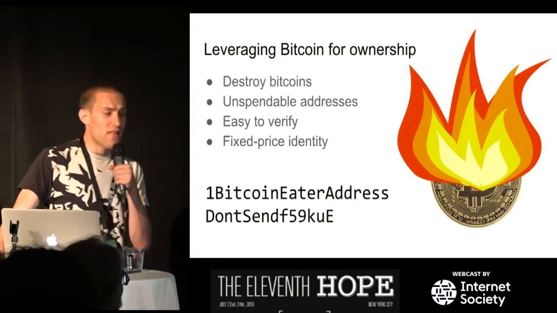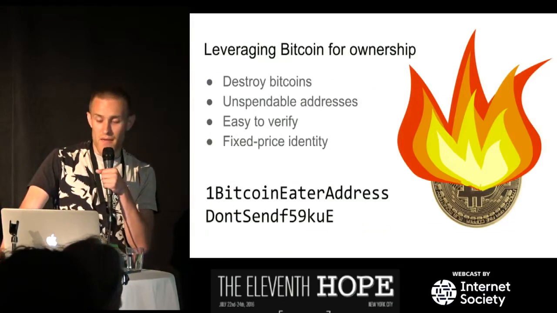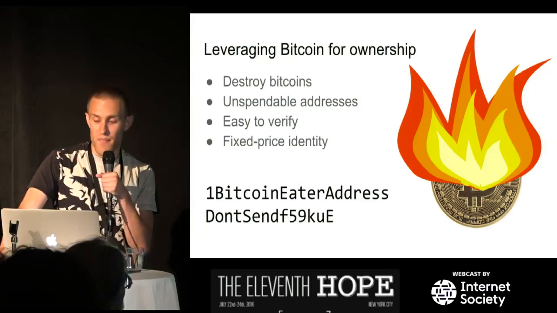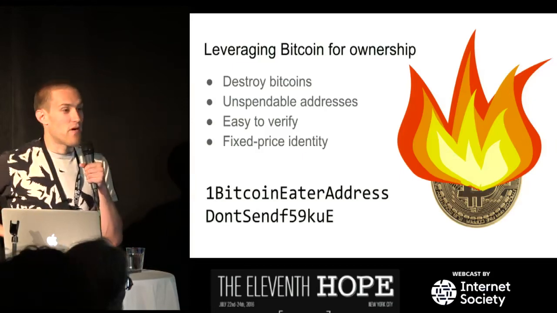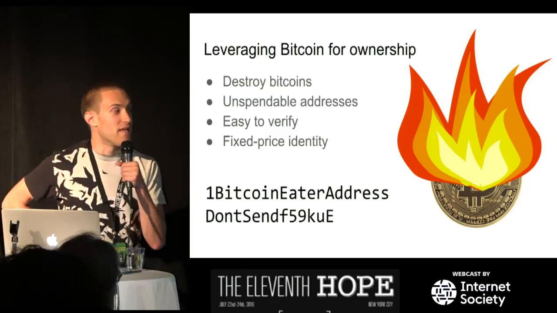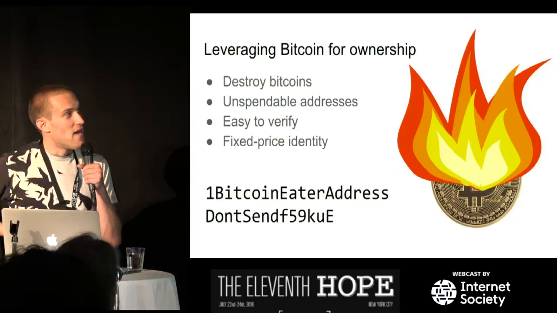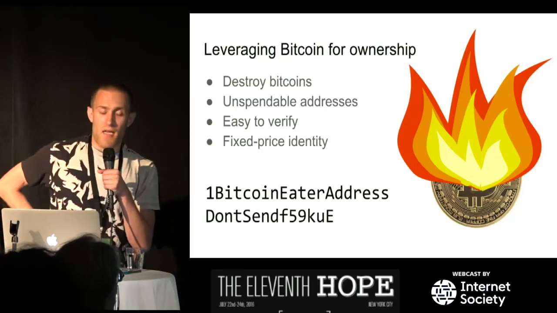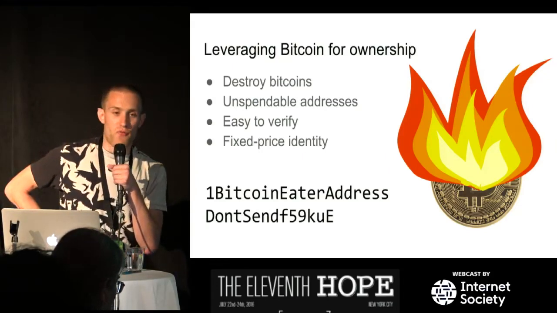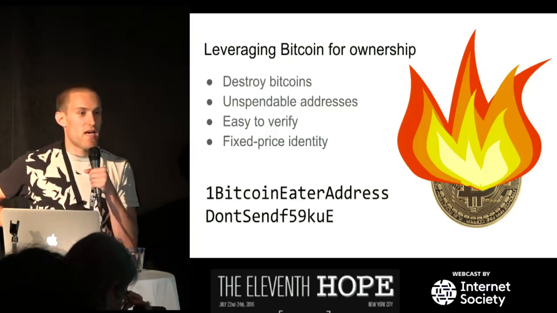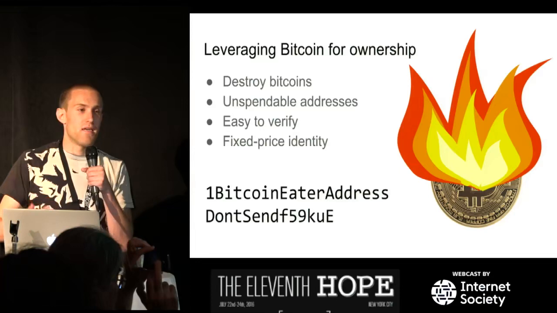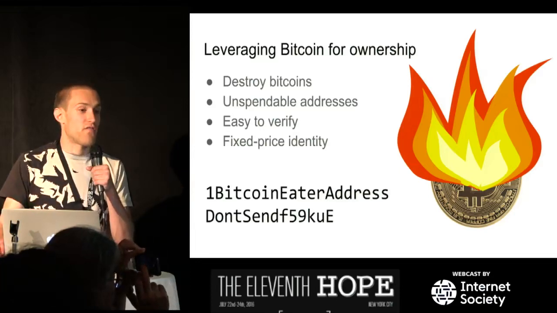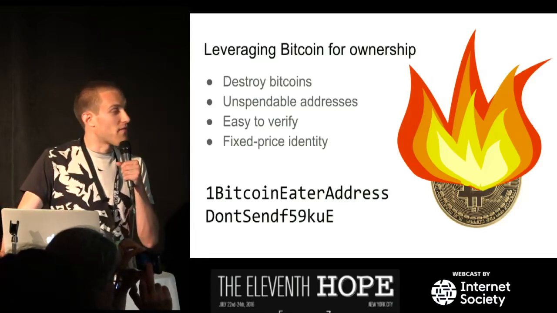So there's another way to think about destroying resources now that Bitcoin exists. One important aspect of the Bitcoin network is anybody can send money to anybody else. So if we could create a way to provably destroy Bitcoins, then that gives us a way to basically burn resources for ownership in our network.